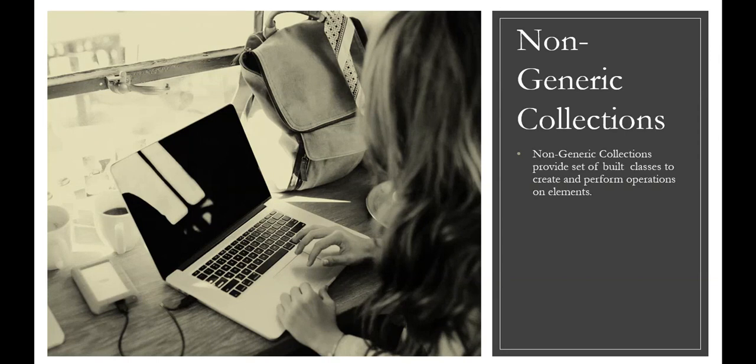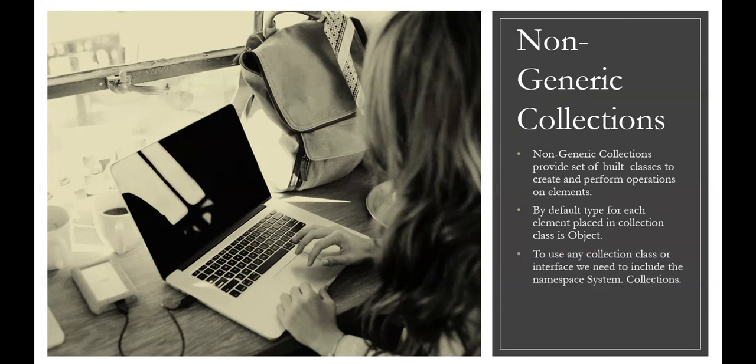When you are storing your collection into a non-generic collection class object, then the type of each element will be considered as object by default. Like I told you, by default the type for each element placed in a collection class is object.